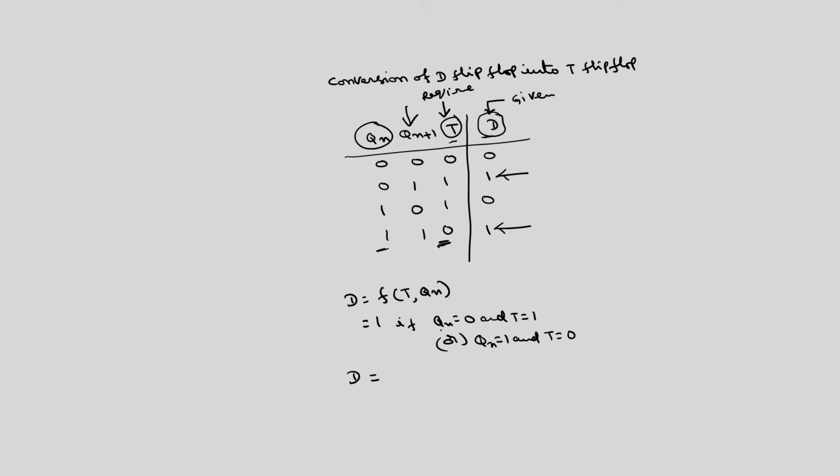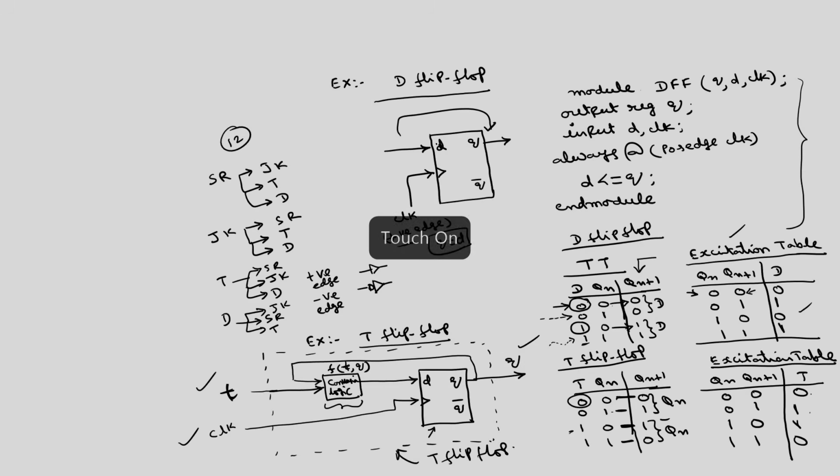It is Qn bar T plus Qn T bar. This is exclusive OR between T and Qn. So, the conversion logic that is required here is basically an exclusive OR gate.